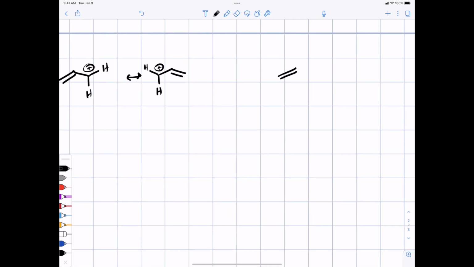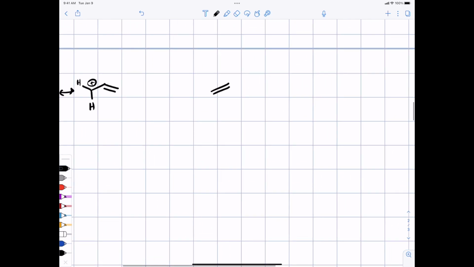Some of you, and this is review, have thought about pi bonds as being side-by-side overlap of two p orbitals to give you a filled pi bonding orbital.